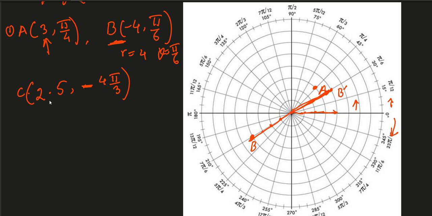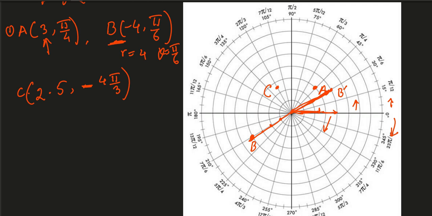So first of all, we'll go 2.5 units apart from the origin. We'll stop here, and then we'll start moving in the clockwise direction. If we start moving this way, we'll probably end up somewhere here, I guess. Yeah. So this is point C. I hope this helps a little bit.